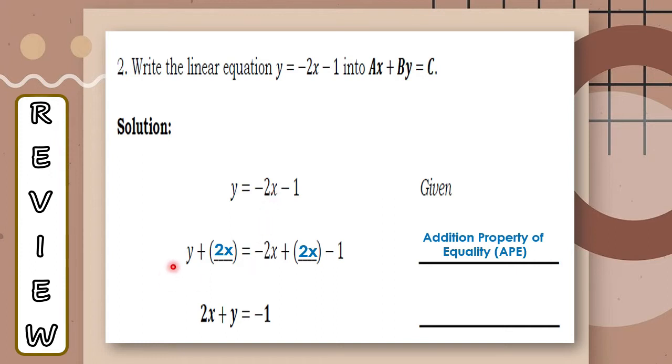That's why we will have y plus 2x equals negative 2x plus 2x minus 1. And for the simplified form, we have 2x plus y equals negative 1. So we change the position of y plus 2x to the left side already.